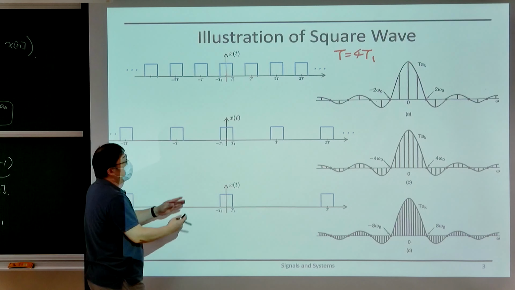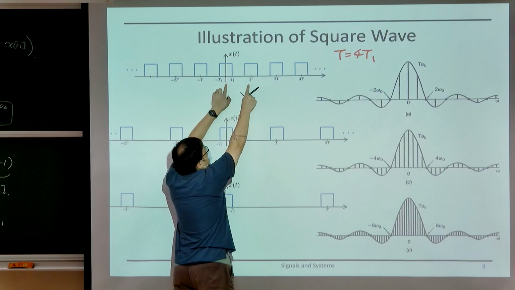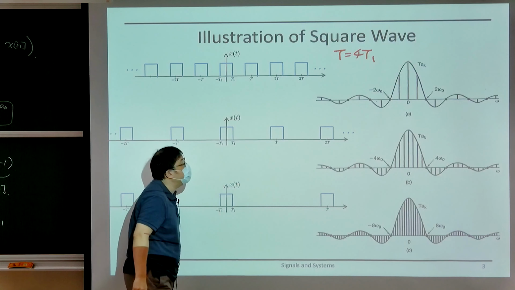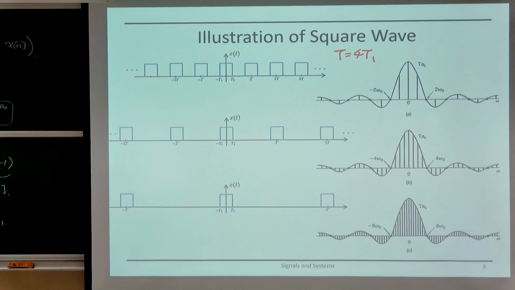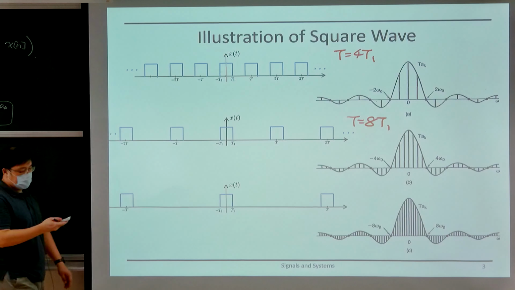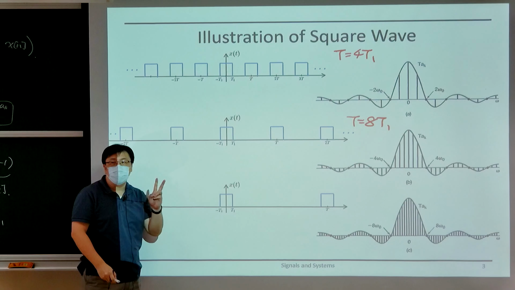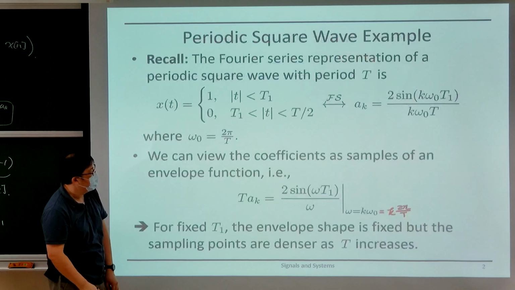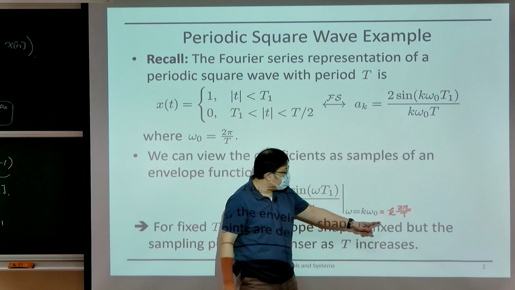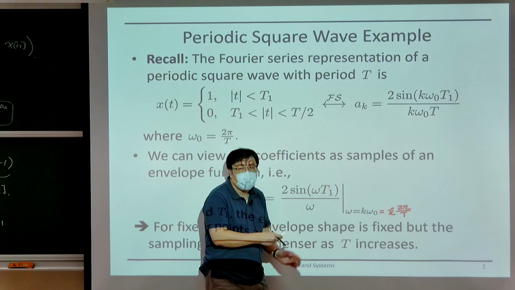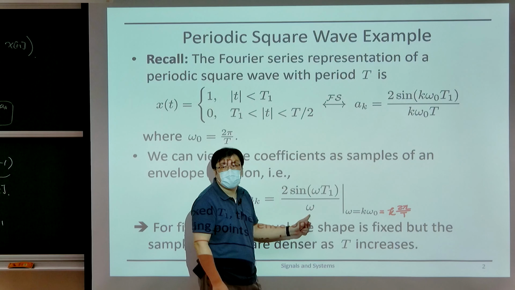Now, suppose you increase the period by 2 times. So you stretch them further away to the case where T is equal to 8t1, okay? When you increase the period by 2 times, you're essentially sampling at twice the frequency of this signal.